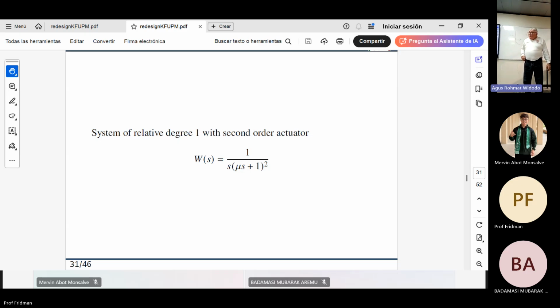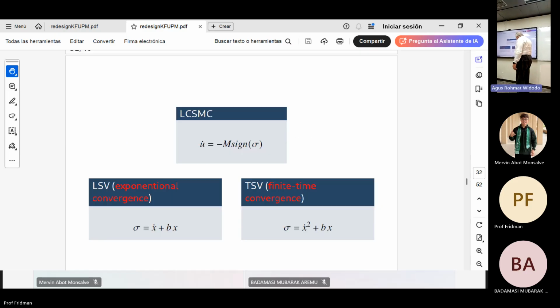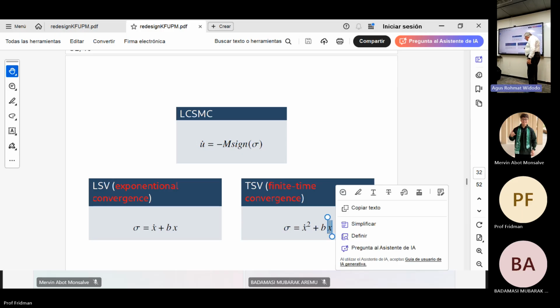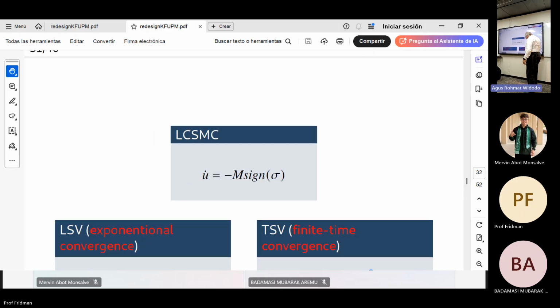So what people are telling, what they will do. We will consider the same story here, but what will we do? We will apply standard relay control with the linear surface, and we will apply the same signal, but with this surface.